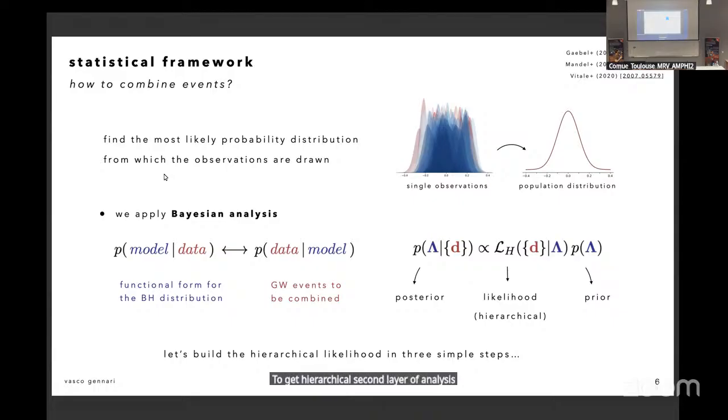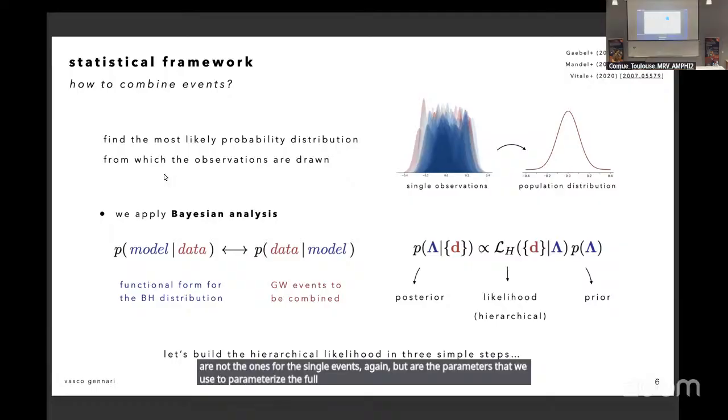And the model is that of the population, not that of the waveform. And the parameters that we will infer here, which are called big lambda, are not the ones for the single events, but are the parameters that we use to parameterize the full population.